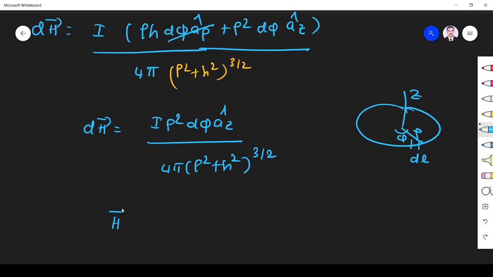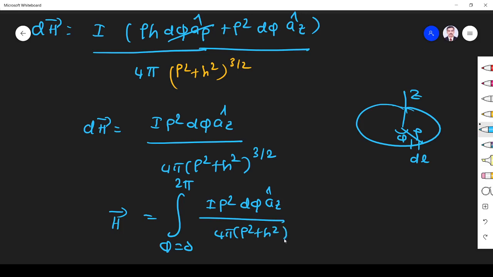So integrating both sides, integral dH is H. Integral from phi varies from 0 to 2 pi of I rho squared d phi AZ divided by 4 pi into rho squared plus h squared to the power 3 by 2, right?